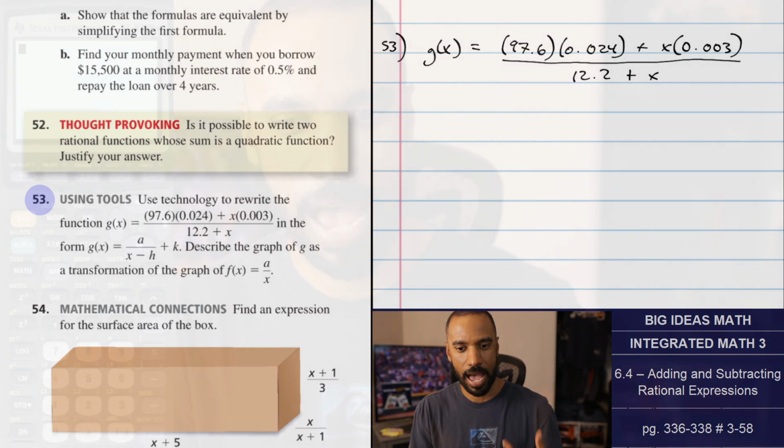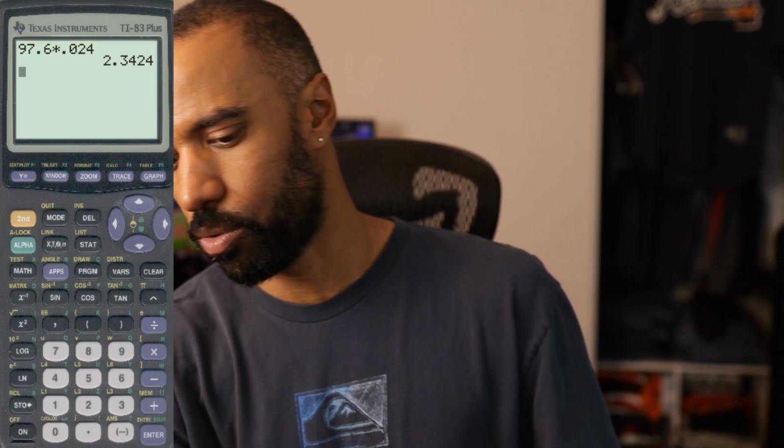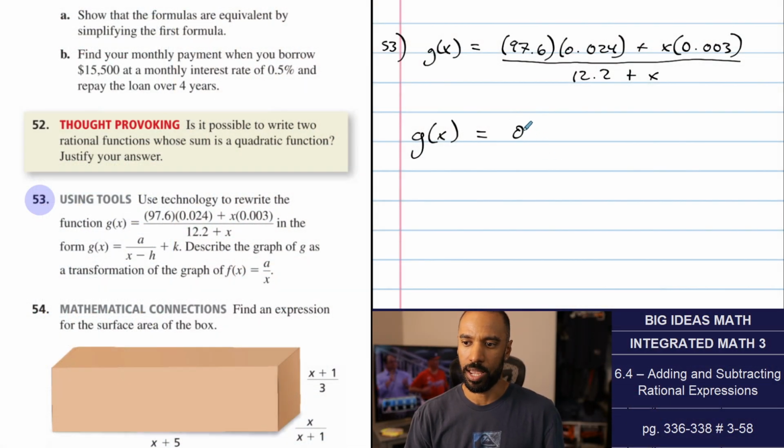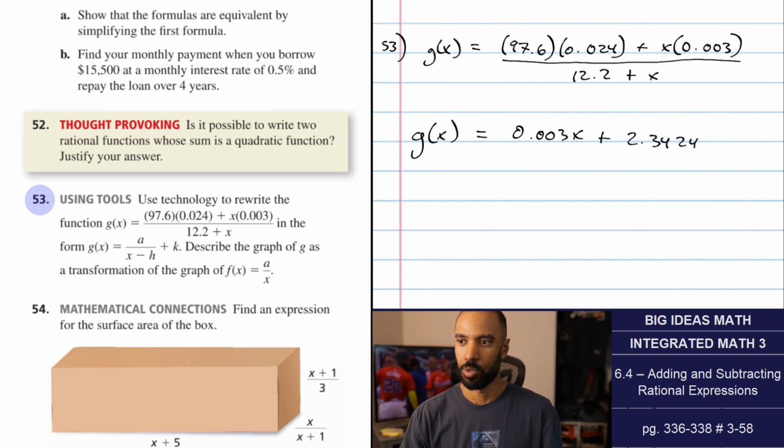So we have to compute 97.6 times 0.024. And that's this number. So let me just write this to begin with. I'm going to rewrite this as g of x equals 0.003 x plus 2.3424. Whoopsie.